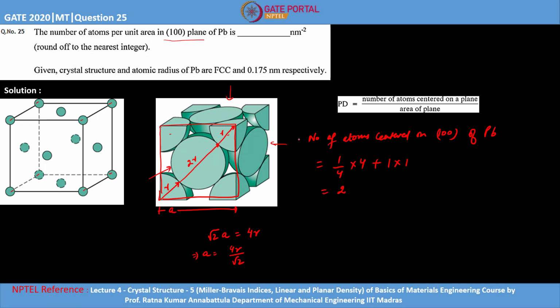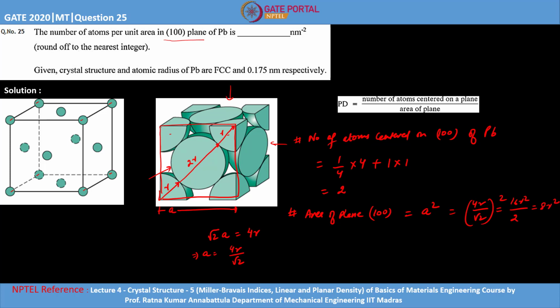Similarly, if you try to find the area of plane 100, the area of plane 100 for lead will be equal to A square. So this A square, the square of the lattice parameter, will give you the entire area. You put the value of A, it will be equal to (4R upon root 2) whole square, equal to 16R square upon 2, which will further give you 8R square.